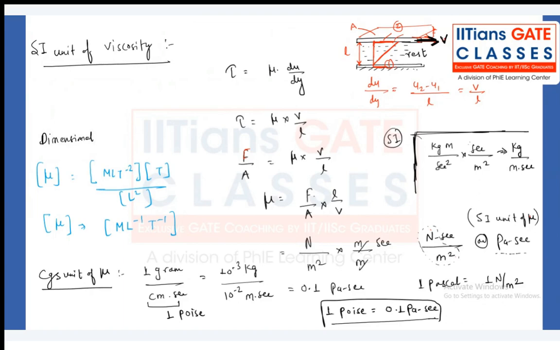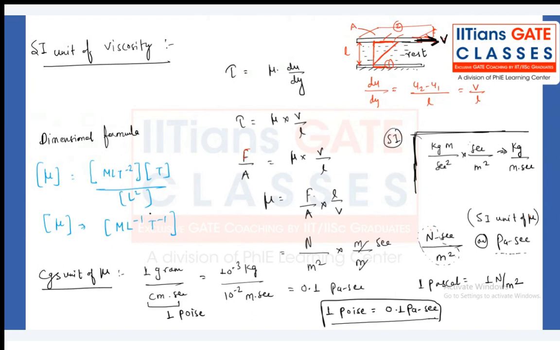If we note down the dimensional formula, we know Newton second per meter square. What are the dimensions of Newton? M into A, that is MLT minus 2. What is the dimension of second?